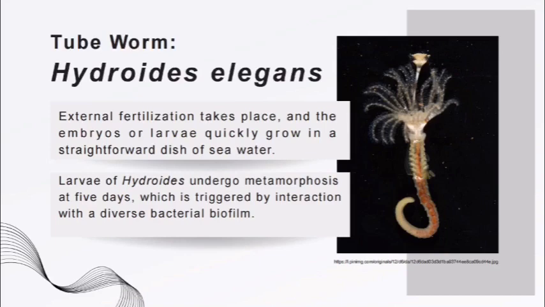External fertilization takes place and the embryos or larvae quickly grow in a straightforward dish of seawater. I based this presentation on a journal, but we will see if external fertilization really takes place during their natural reproduction in their natural habitat, which are cold seeps or hydrothermal vents.